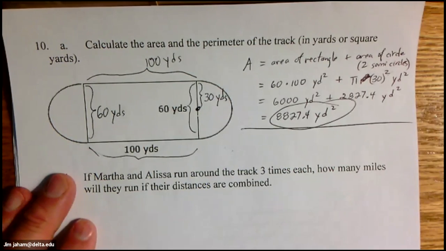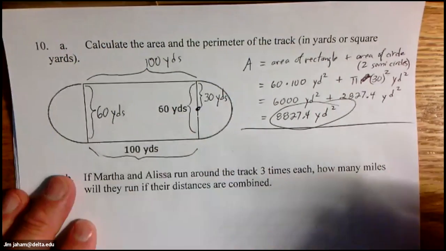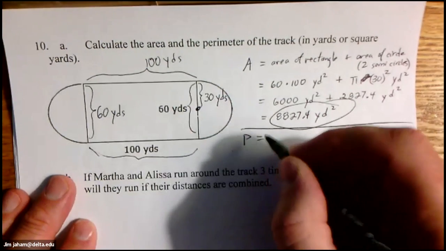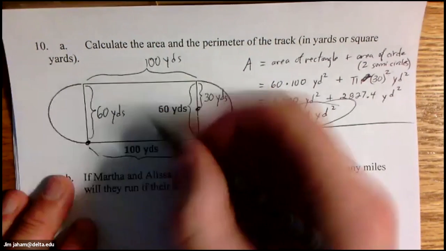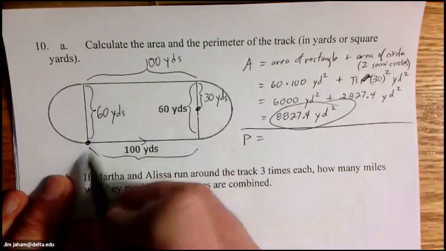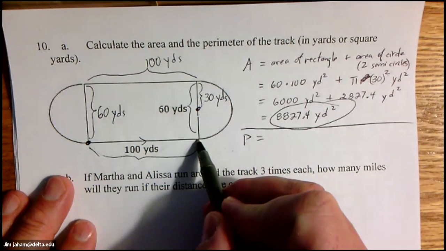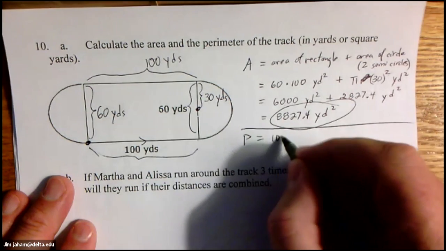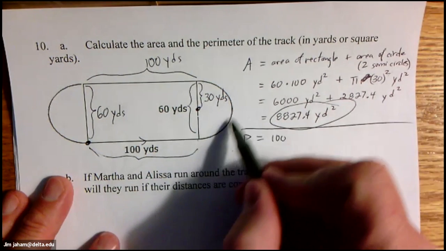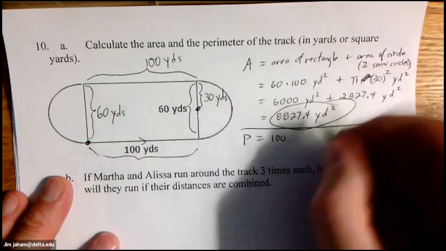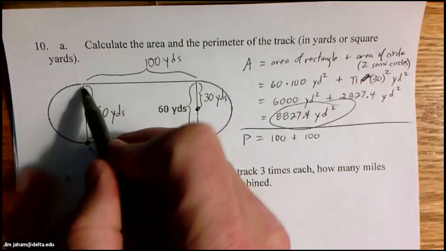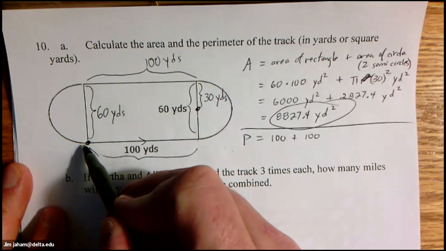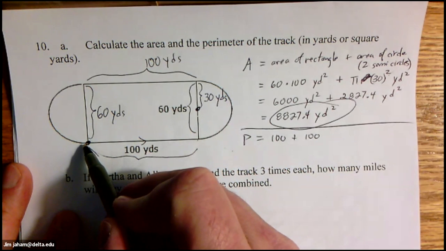Now the perimeter is the distance around. So if I start here and move in this direction, I'm going to cover 100 yards. And then I'm going to have half the circumference of the circle. Then I'm going to cover 100 yards again. And then I'm going to have the other half of a circumference of a circle.